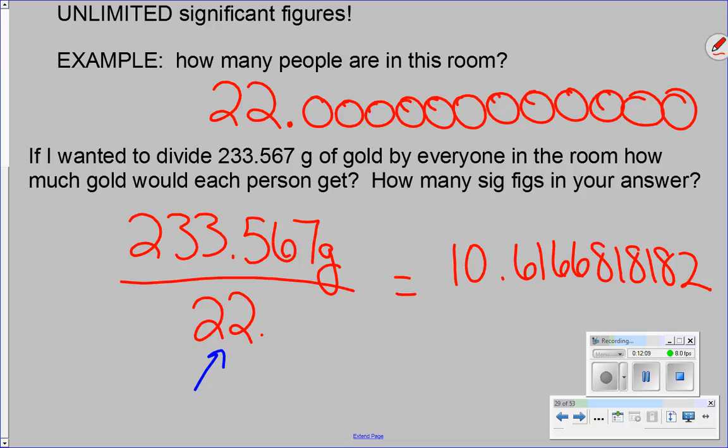But really, I can add as many zeros to this as I want. Those are trailing zeros to count. So my number of significant figures is actually going to be based on this not exact number on the top.